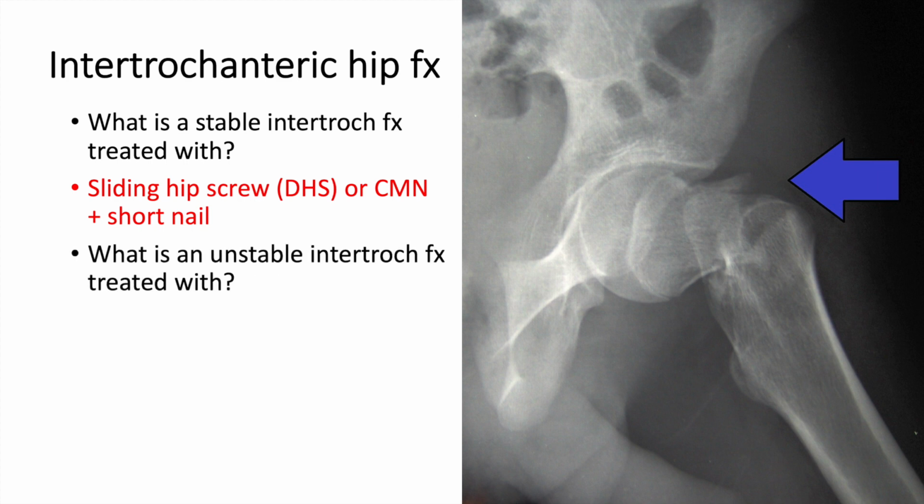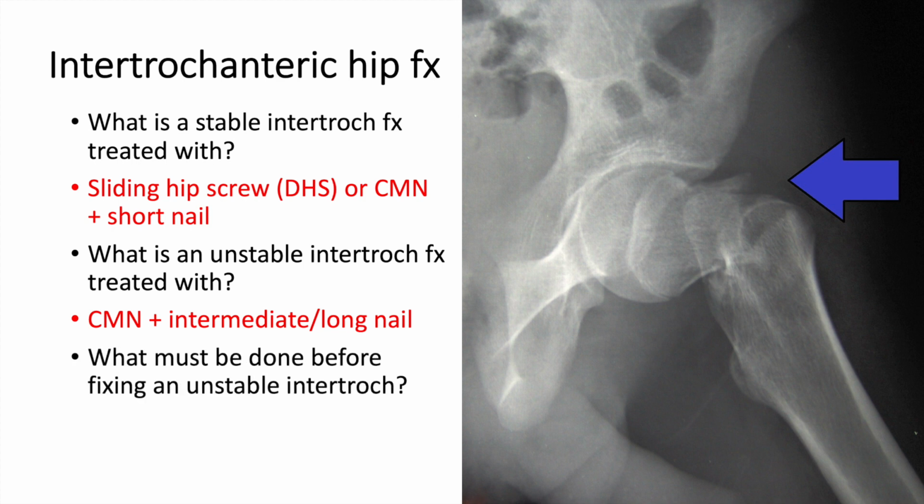However, what changes when you do an unstable IT fracture? You're going to have the long nail as your intramedullary nail this time. And what do you want to do before you fix an unstable intertroch fracture? There's one thing you've got to do that I didn't mention here yet.